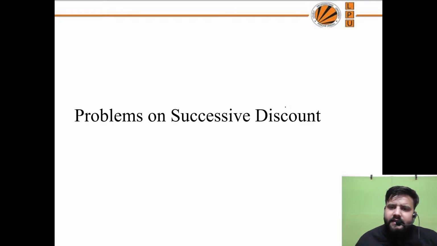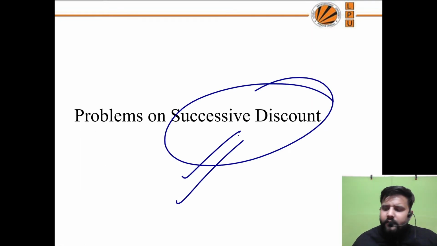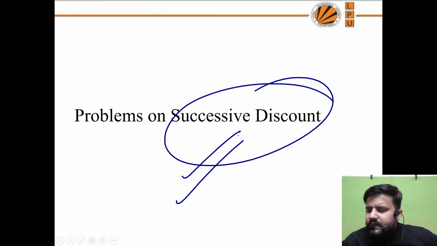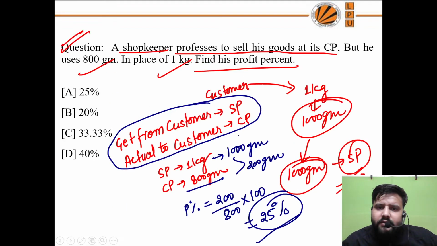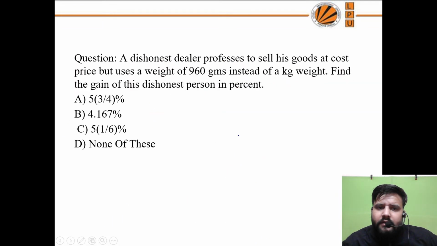Okay, let's come to the successive discount question. This is the last part of your profit and loss. In terms of concept, we have discussed almost all kinds of questions in profit and loss.